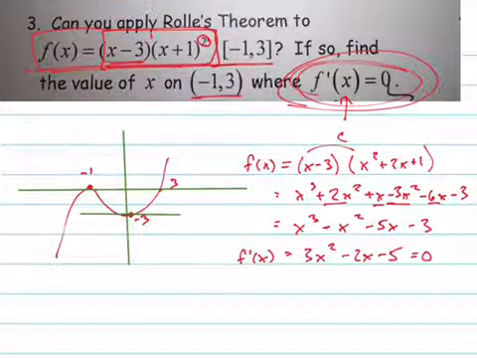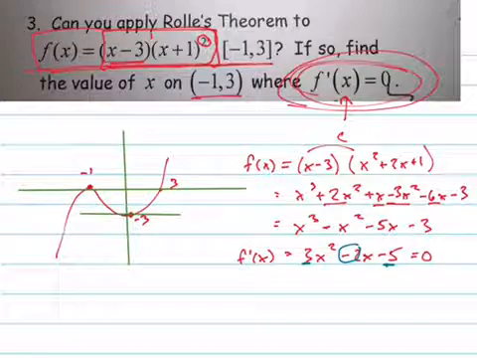So how do I solve a quadratic equation set equal to 0? Factor. One of the things that you might remember is the master product is -15. Does -15 have factors that add to -2? It does. So that means it does factor. Now, I don't like factoring with the master product rule.